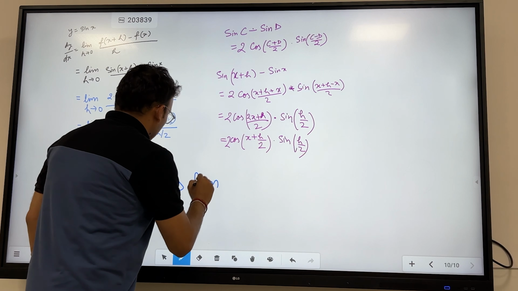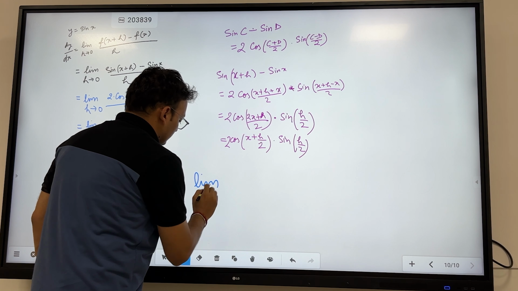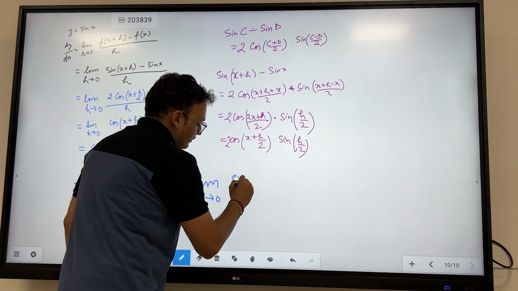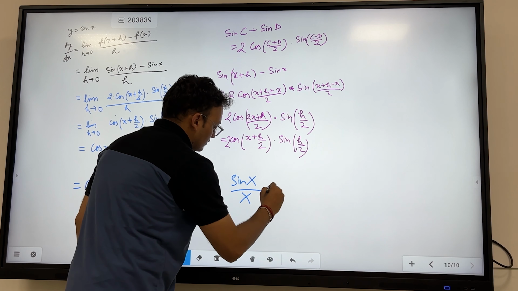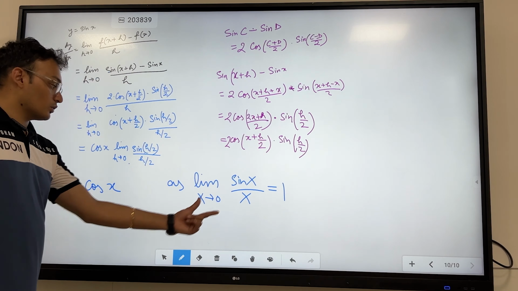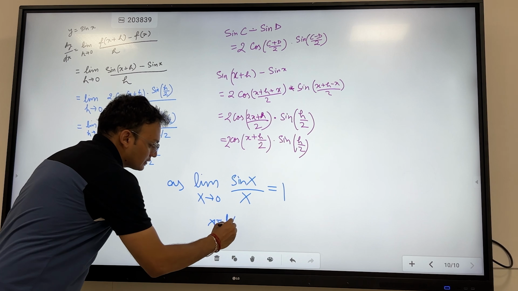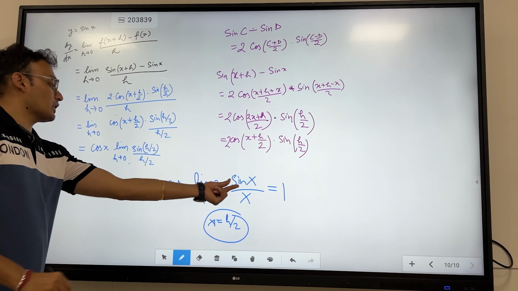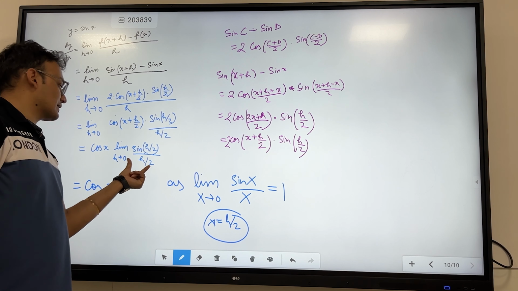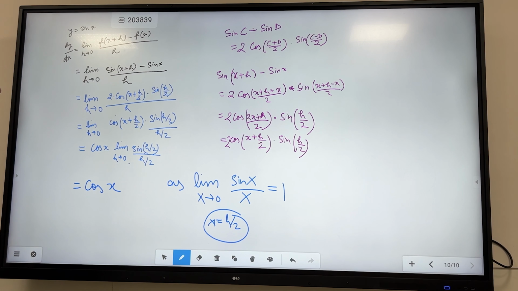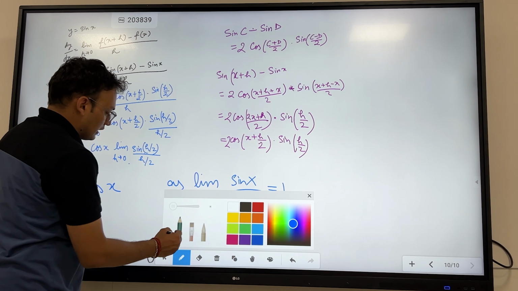As we know, the limit as x tends to 0 of sin x over x is 1, so using this rule here, x is equal to h by 2. This limit will become 1, so the answer will become cos x. Are you getting it?